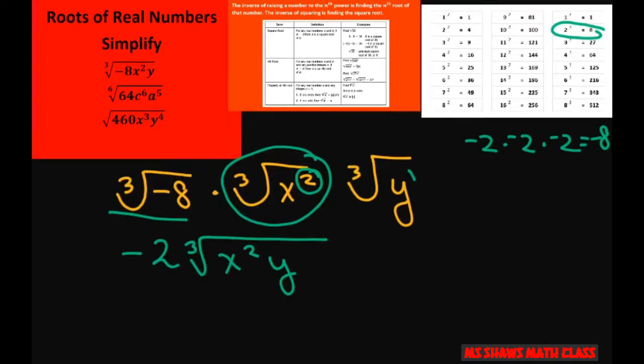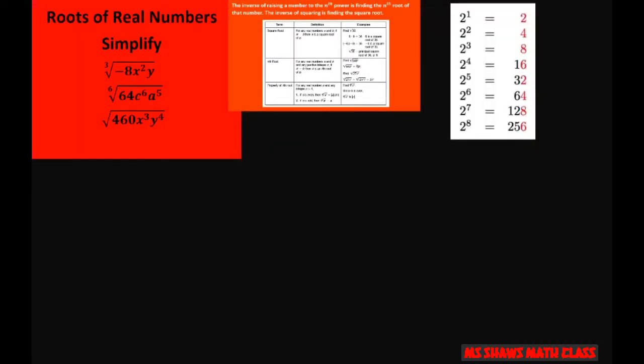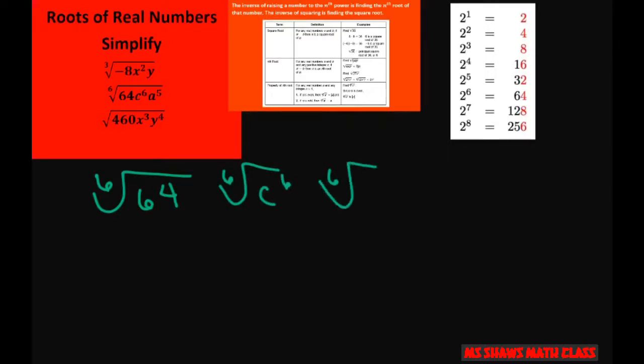Now the next one, we need to find the 6th root of 64, the 6th root of c to the 6th, and the 6th root of a to the 5th. All right, so you also need to know, when we're doing this, your powers of 2 and 3.